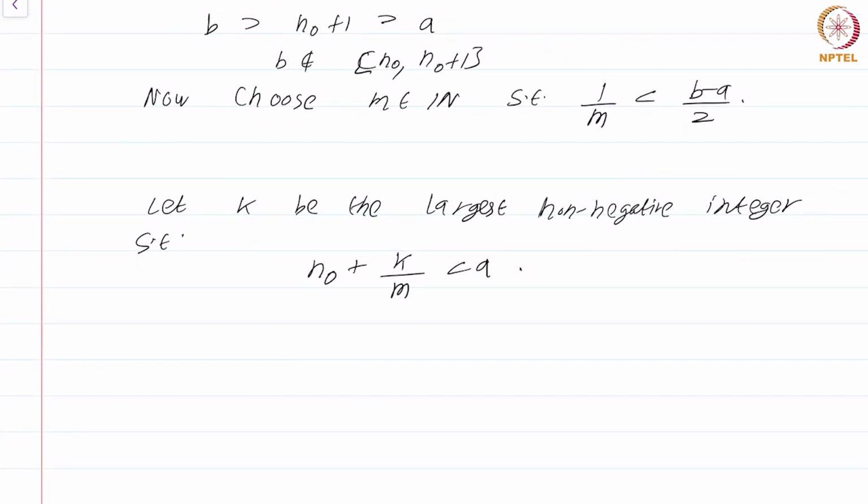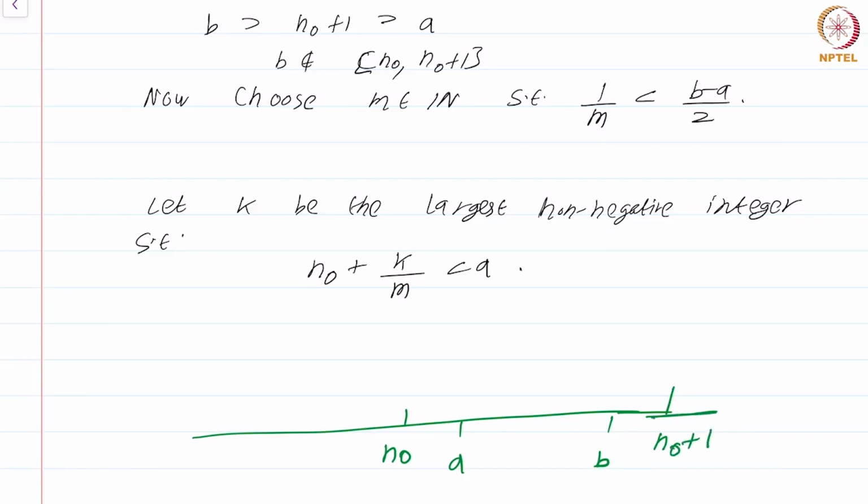So a lot of confusing things have happened. So let's draw a picture to make sense of what is going on. We have the points a and b. We know that n naught is here. And under our hypothesis, n naught plus 1 is here. n naught plus 1 exceeds b.